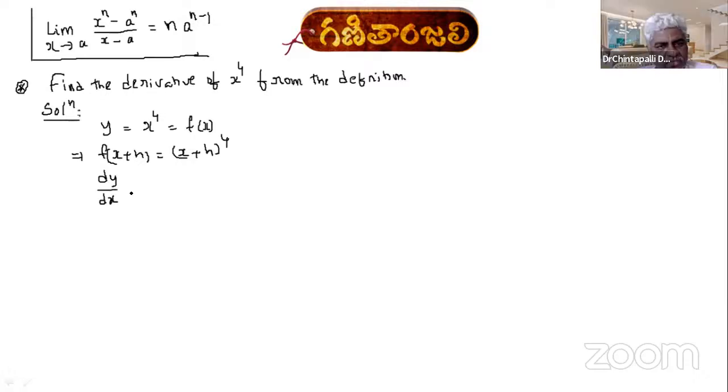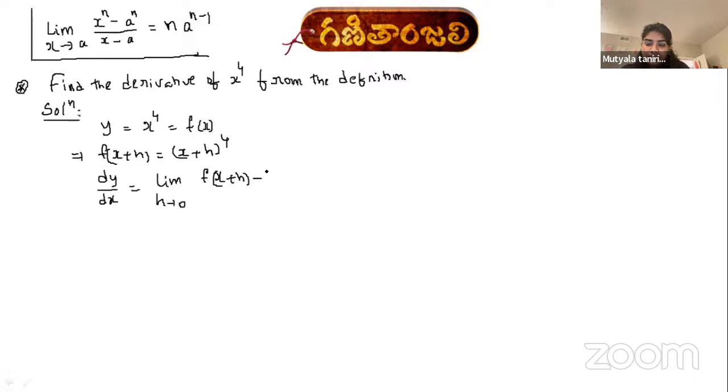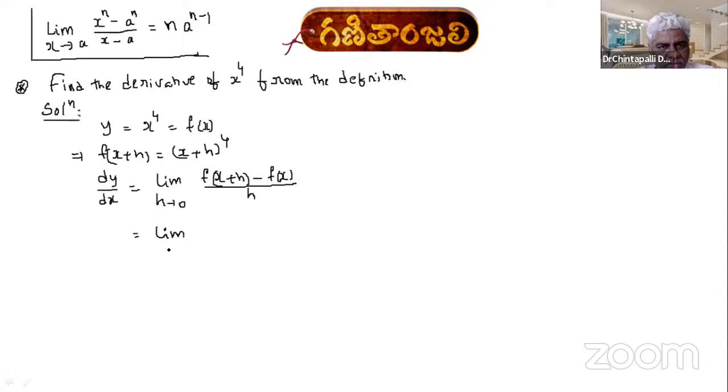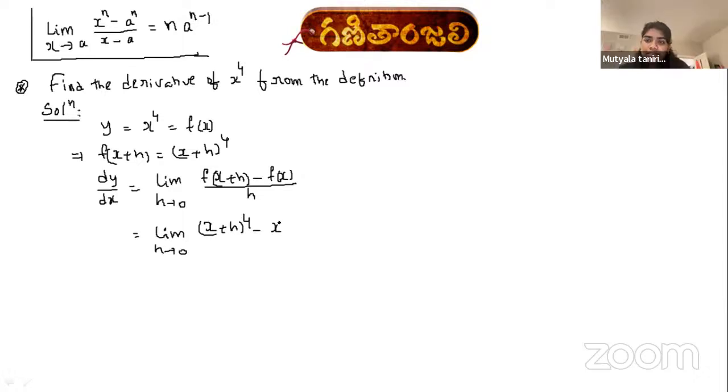dy by dx is equal to limit h tends to 0, f of x plus h minus f of x whole by h, which is equal to limit h tends to 0, x plus h whole power 4 minus x power 4 by h.